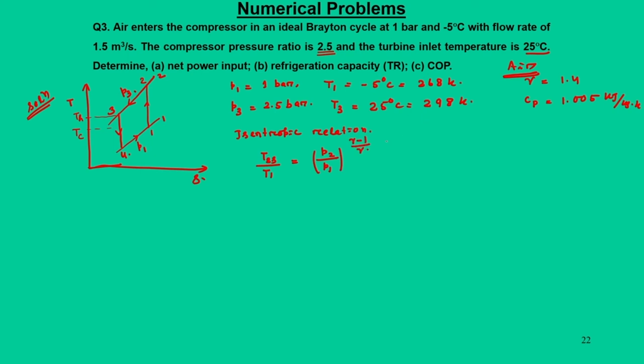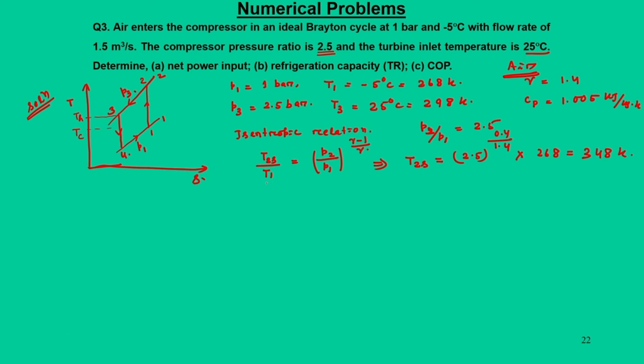So, P2 by P1 is nothing but P3 by P1, that is 2.5, and we also know T1. Putting the values, we can calculate T2s as 2.5 to the power 0.4 by 1.4 into 268. So, this number would be 348 Kelvin.